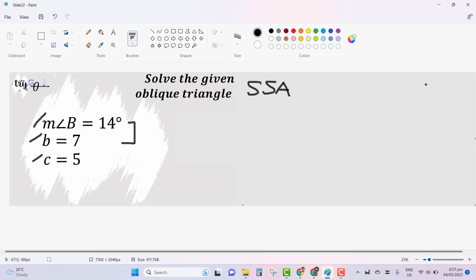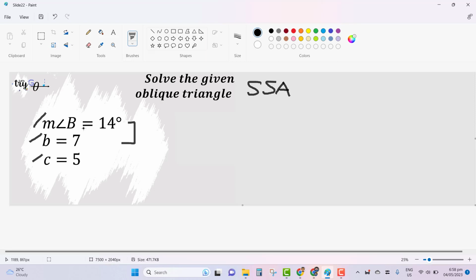But for SSA oblique triangles, there is one important task that we need to remember before we can solve the oblique triangle. That is to make sure of the total number of triangles that can be formed using the given values.